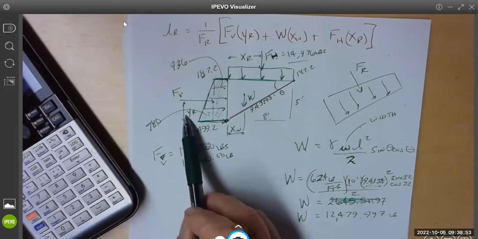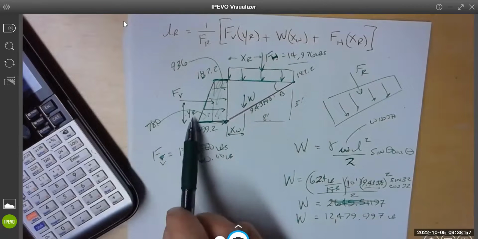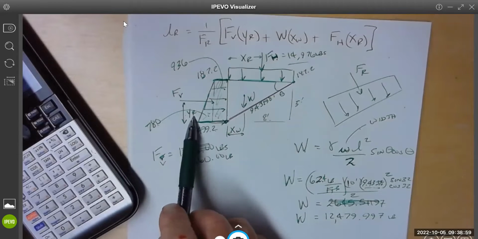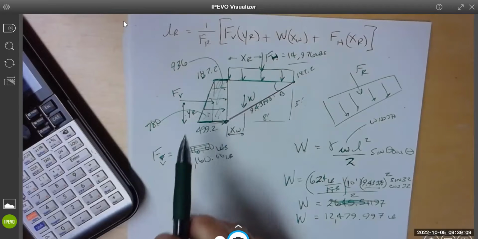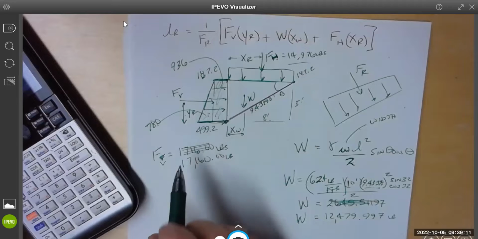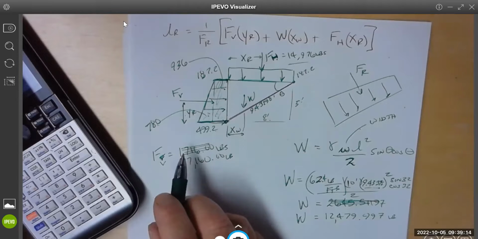It's not a triangle, but the triangle would be 1/3. So that's what it says. Y sub R is 1/3 Z. Location of FR. The first one is a triangle. The second one is much more complicated.